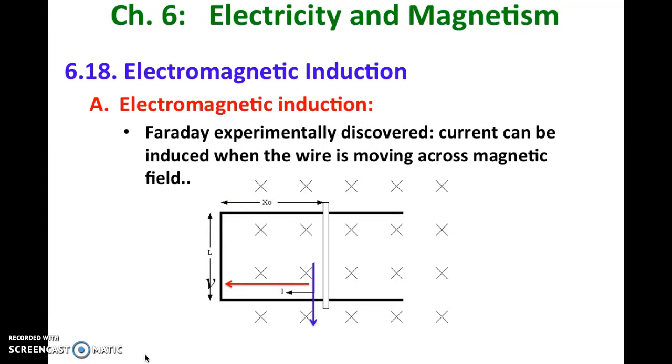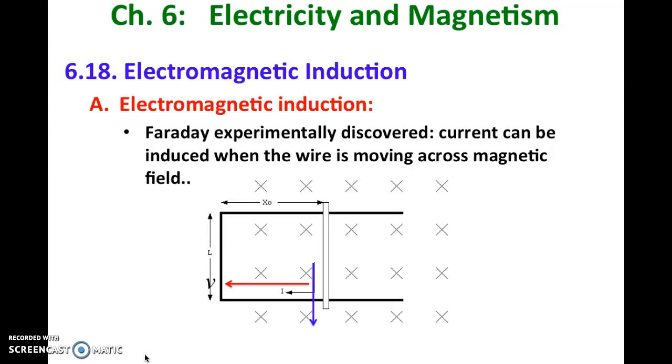Section 18 is about electromagnetic induction. Faraday experimentally discovered that when a wire is moving across a magnetic field, an electric current is induced in the wire.